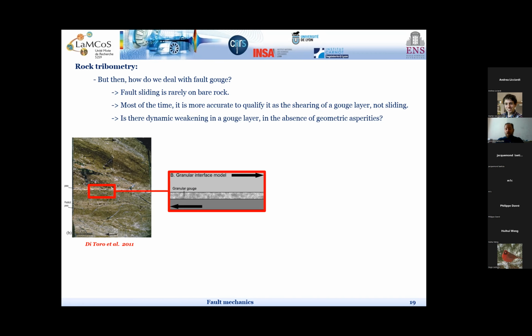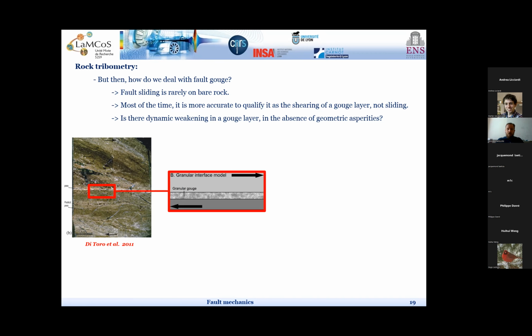So this is reminiscent of what I showed you about the tribological triplets a few minutes ago with this so-called third body. So observation tells us that we should account for a third body when we deal with fault sliding.